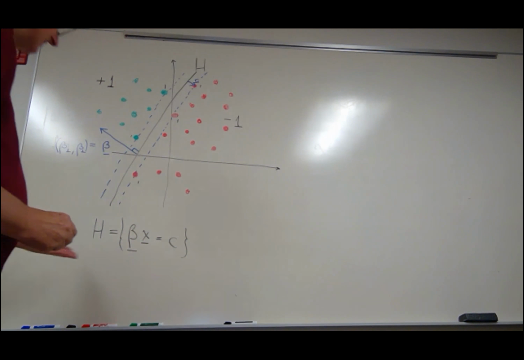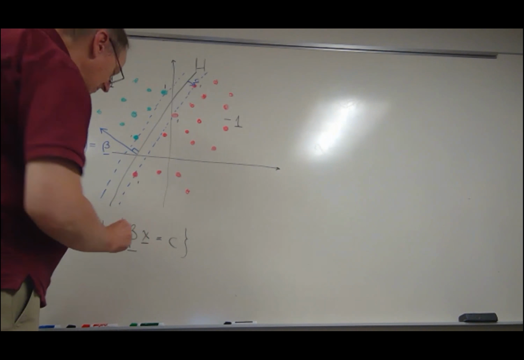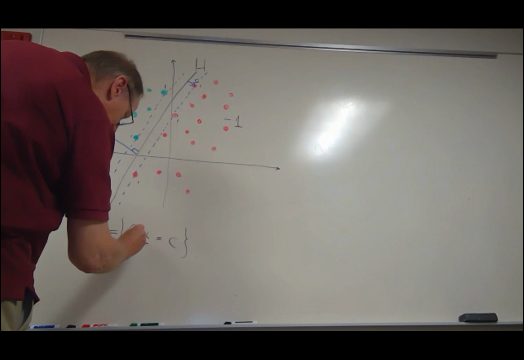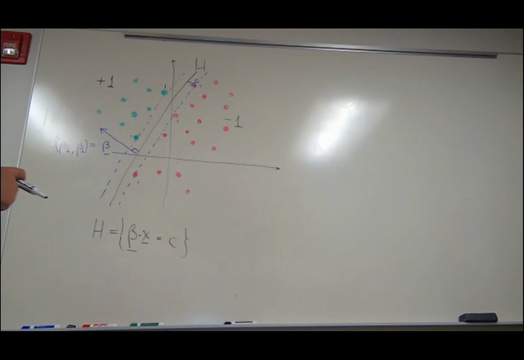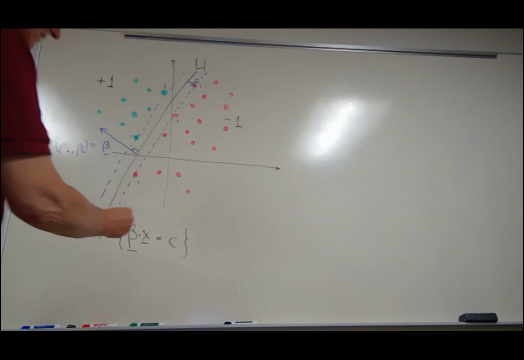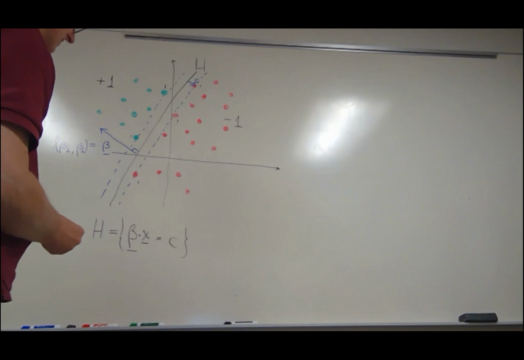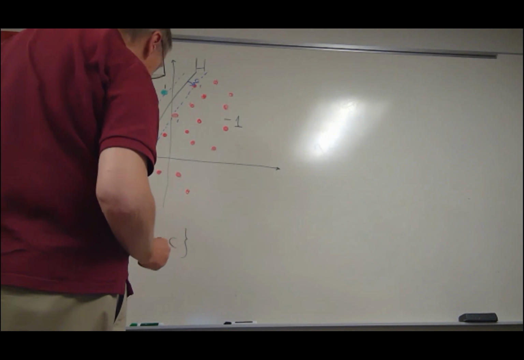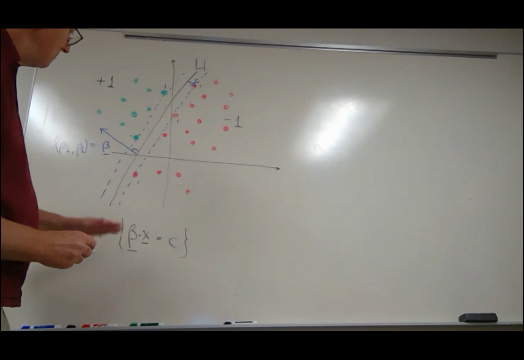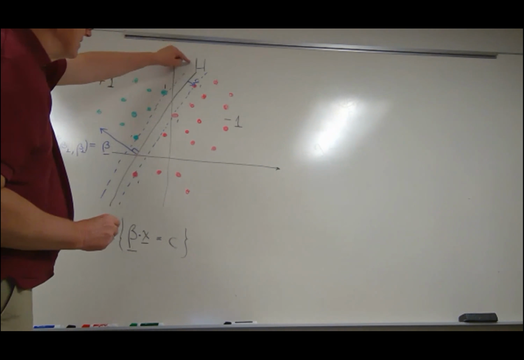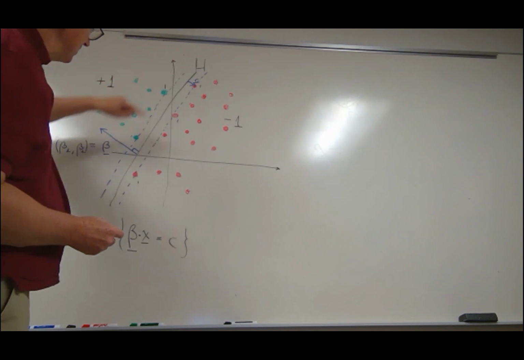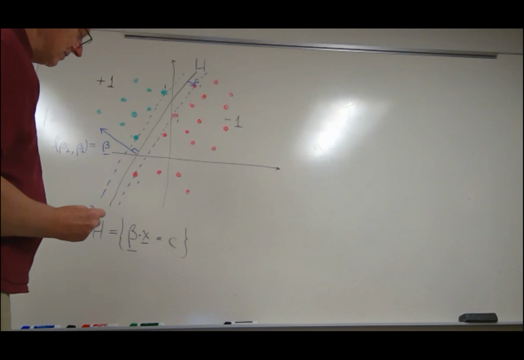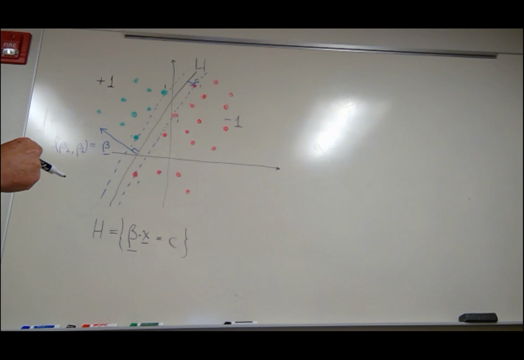So it's the set of all points x such that when you dot it with beta, then it's equal to a constant c. And it turns out then that beta is a vector that's perpendicular to the plane. So here's our hyperplane H, and beta is here, and that turns out is perpendicular to H.